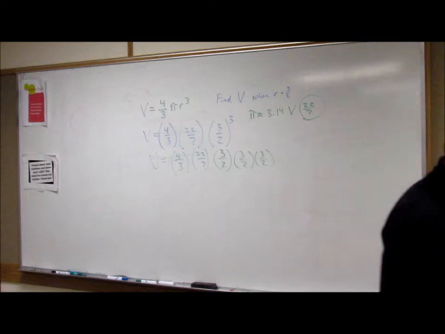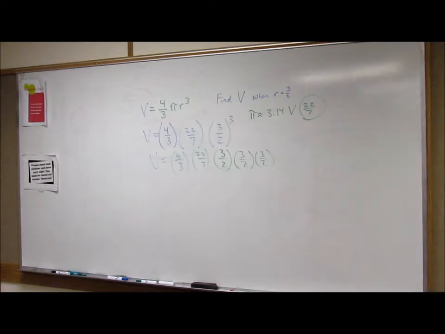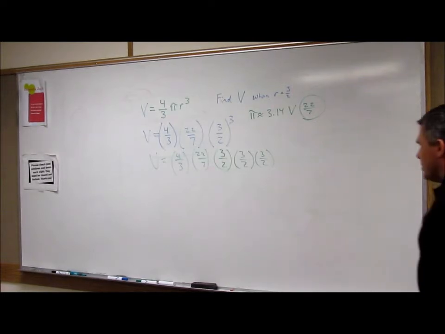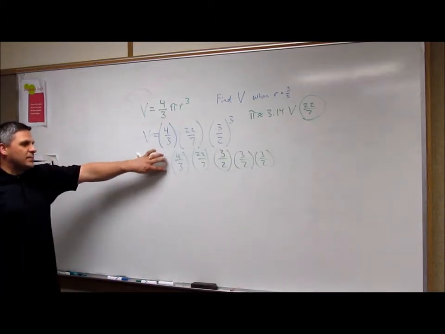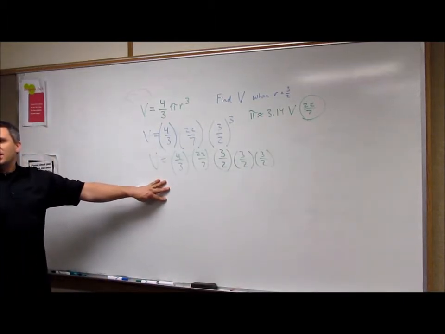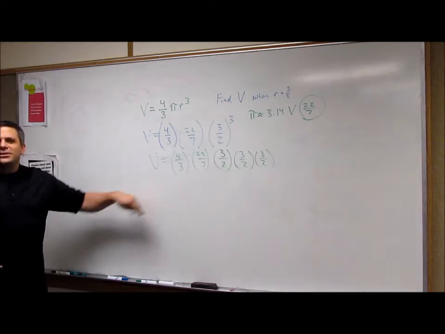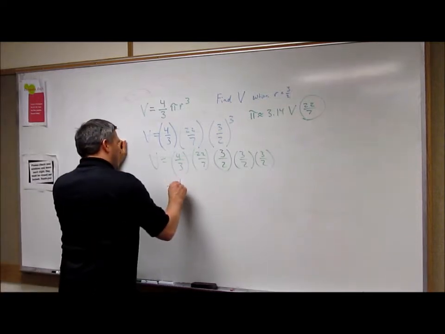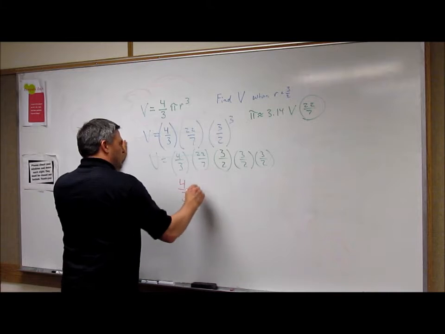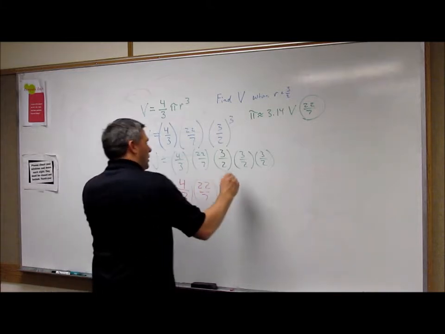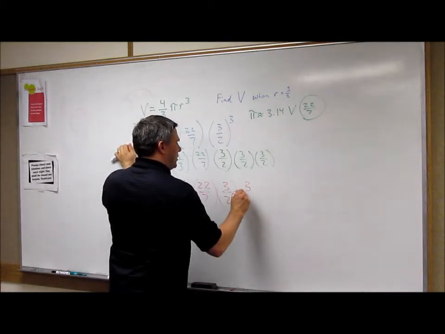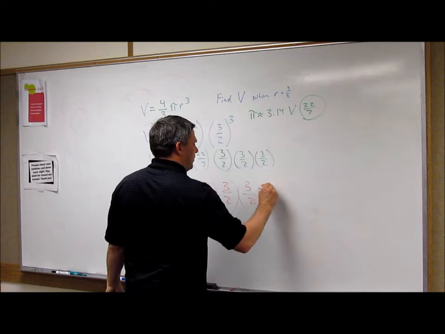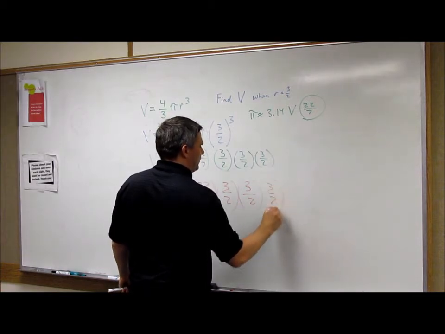So, now what? Well, I'm going to take this and rewrite it so I can start crossing some things out. Alright, so I got 4/3, 22/7, 3/2, 3/2, 3/2.